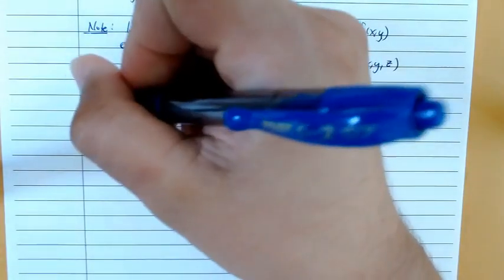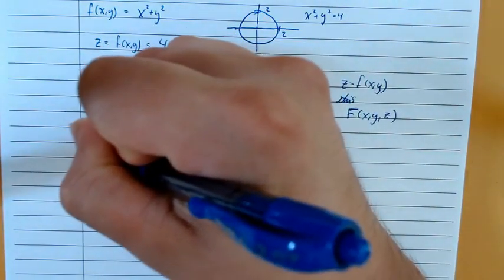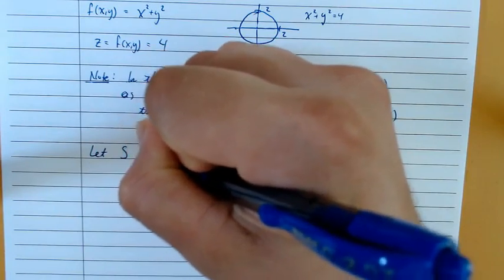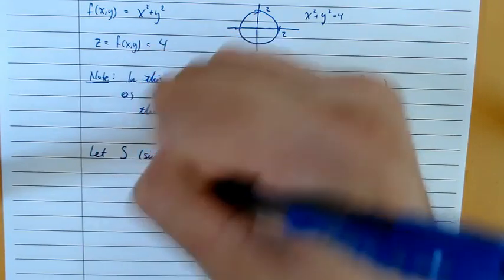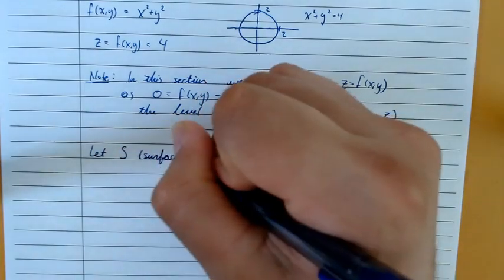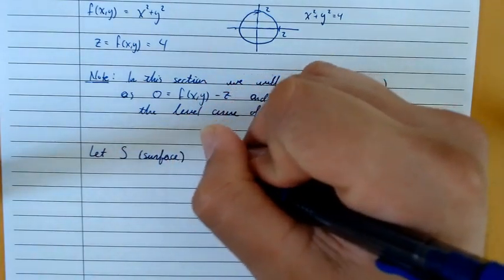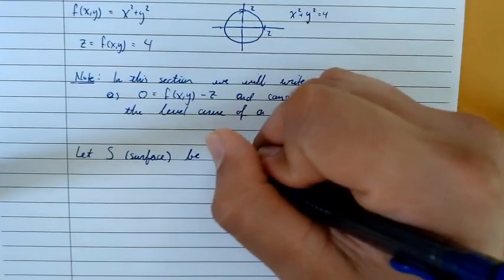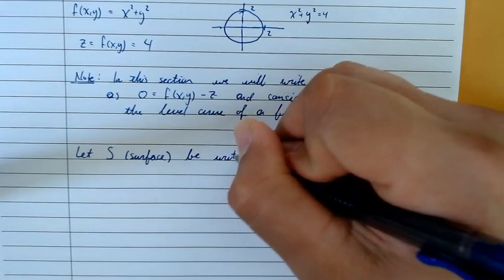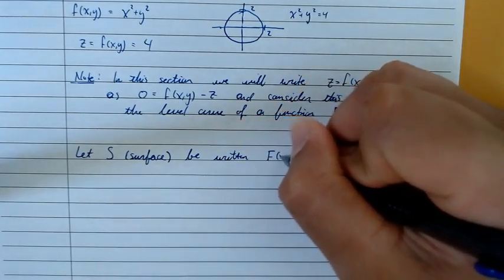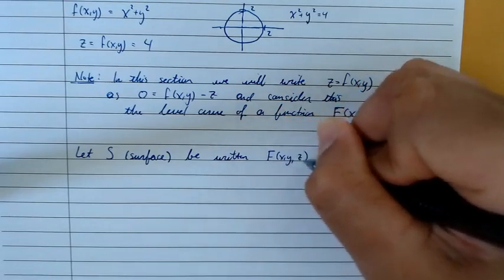Let's begin with, let's take a surface S. So let S, and here I'll label this as a surface, be one of these things, z equals f of x comma y. Let a surface S be written as capital F of x comma y comma z equal to 0.